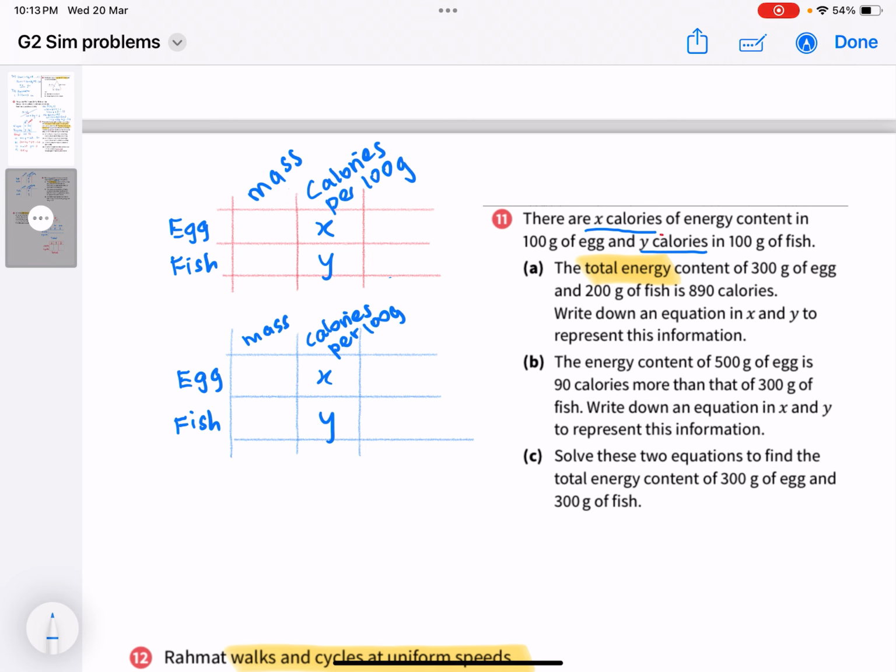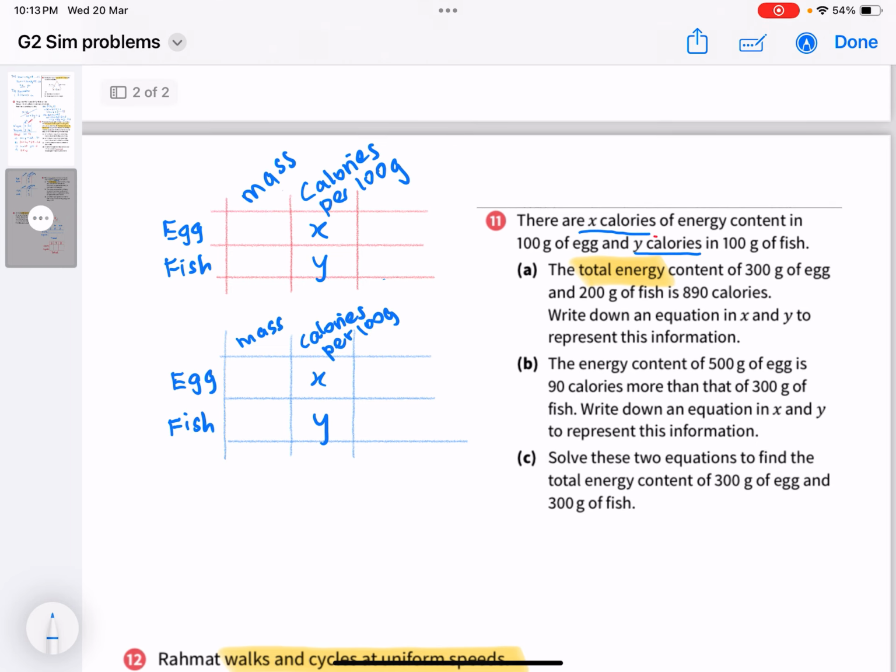And the total energy, how do we get the total energy? The total energy is the mass times the calories per 100 gram. So for 300 grams of eggs, every 100 gram is x calories. Therefore, for 300 grams, we have 3x calories.